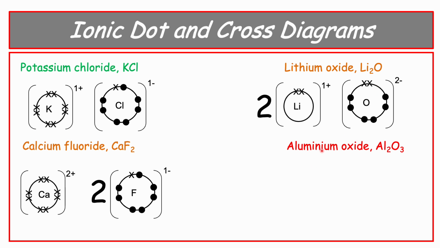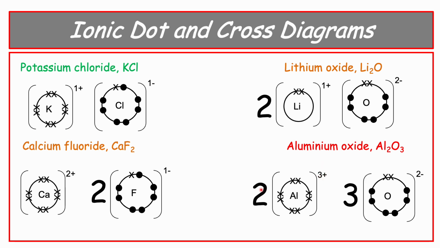So therefore, oxygen is not going to gain 3, but aluminium wants to lose 3. So we need to manipulate the numbers to make sure that aluminium has a full shell and oxygen has a full outer shell. To do this, we need to think about the common multiple factors of 2 and 3. Well, I know the lowest common multiple is 6.